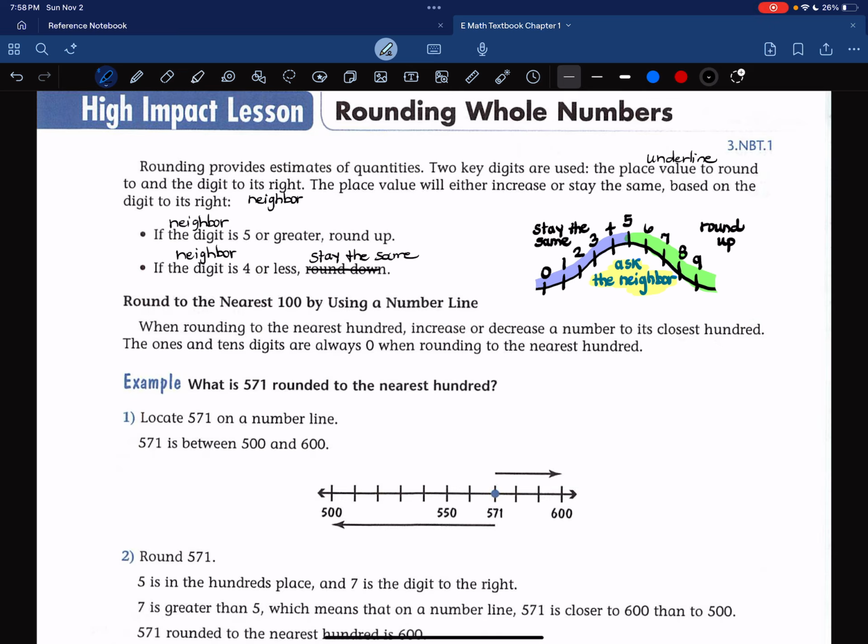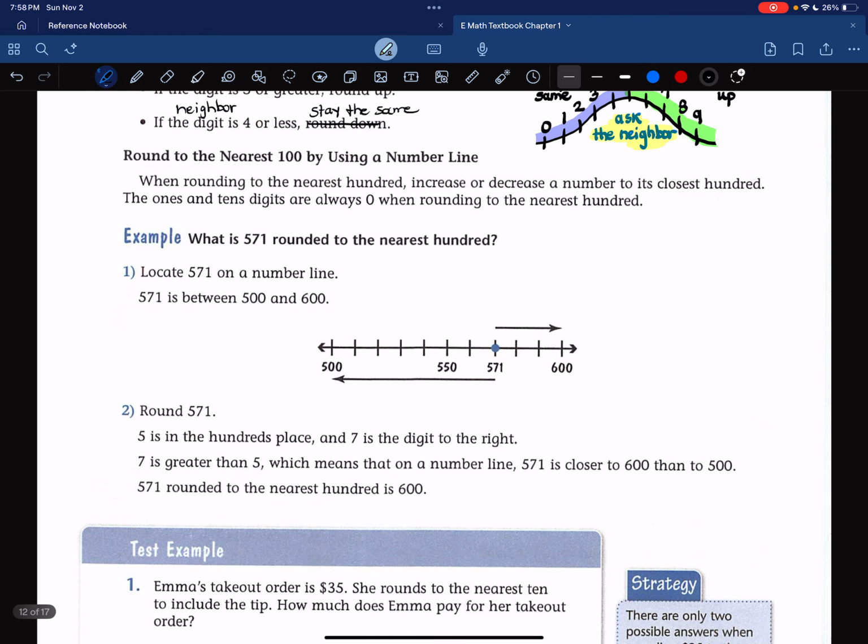You know that you can round to the nearest hundred by using a number line. When rounding to the nearest hundred, increase or decrease a number to its closest hundred. The 1s and 10s digits are always 0 when rounding to the nearest hundred. Okay, I'm going to go back to our notes and do this one.